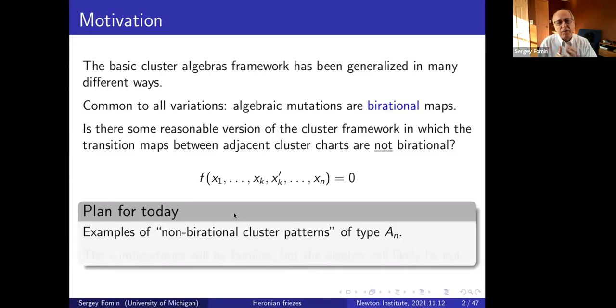So type A, this is something that we all know and understand very well. The combinatorics is governed by triangulations of a polygon. So that should hopefully serve as a guiding principle for us to choose the branches of our algebraic maps that somehow will be the right ones. And I'll try to make sense of this.